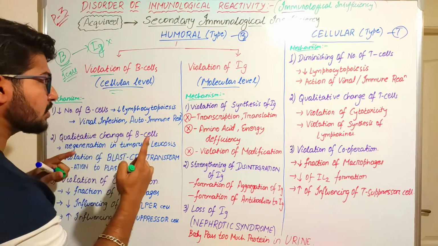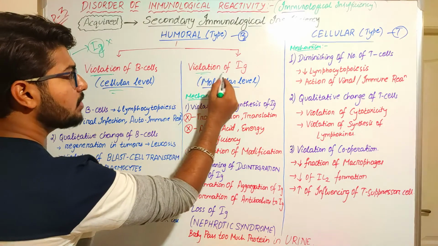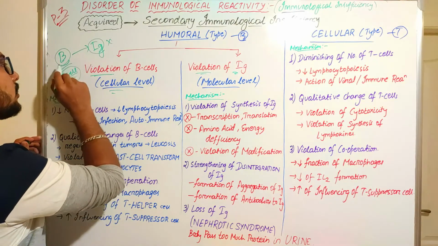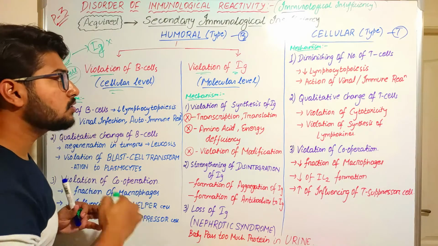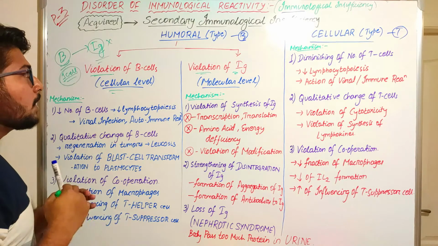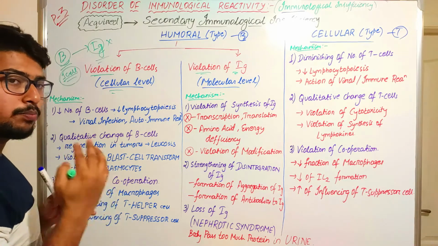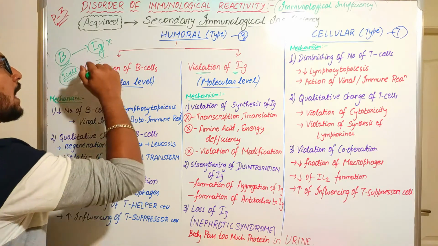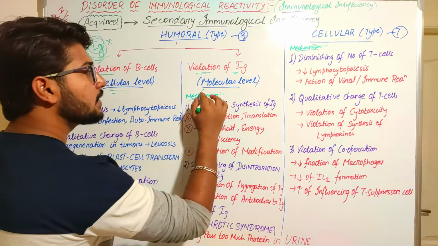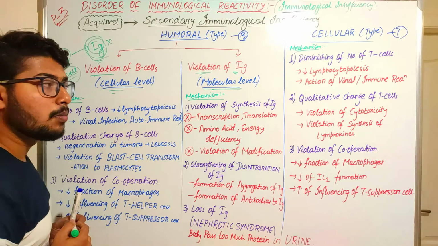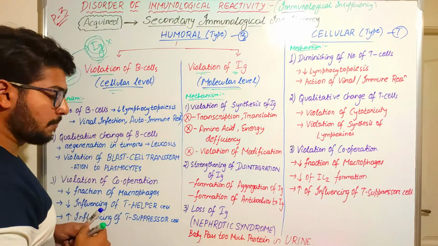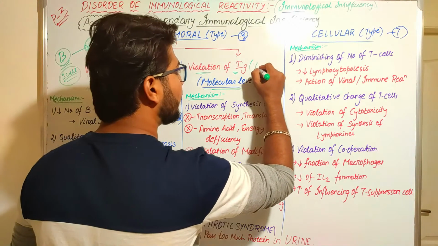This is the first kind, and the second kind is violation of immunoglobulins. The B lymphocyte produces the antibodies. Antibodies are the gamma or globular proteins in our blood, and they are molecules. That is why it is called the molecular level of violation of antibodies.